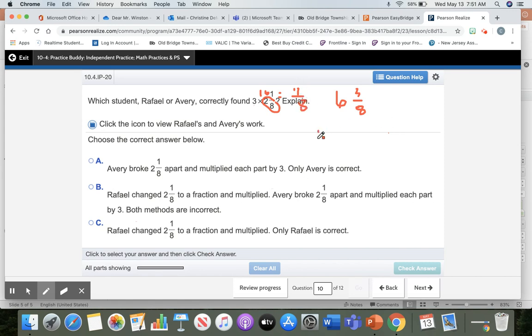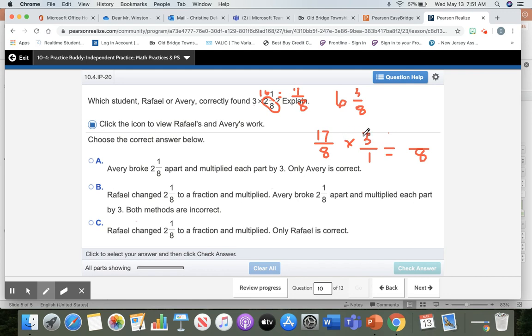Now I'm going to take 17/8 and multiply by my whole number 3. Remember that 3 is over 1, so obviously our denominator stays the same.